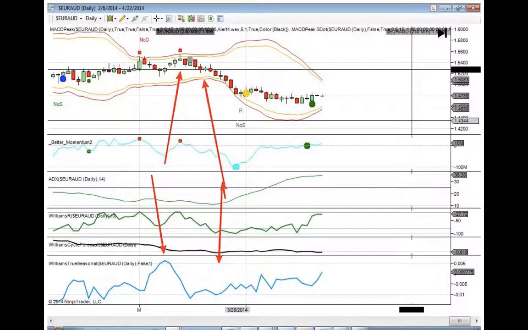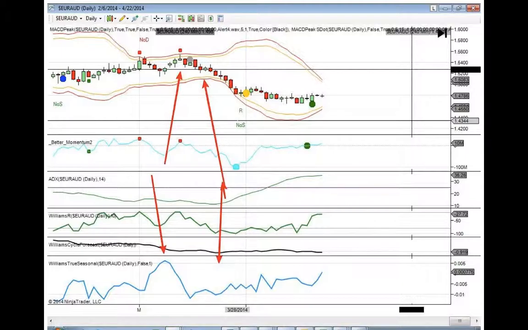This is a chart of the Euro Australian dollar for March and April of 2014. If you look at the bottom blue line, this is the Williams True Seasonal Indicator from Larry Williams.